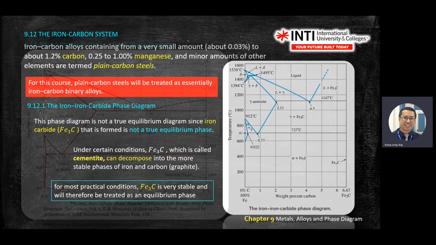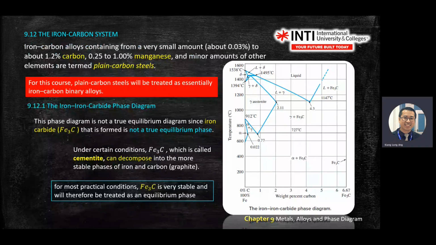What is Fe3C? Fe3C is called cementite. Cementite can decompose into the more stable phase of iron and carbon, which we call graphite. But we will treat Fe3C as a stable and equivalent phase. That's why on the phase diagram, you see Fe3C.